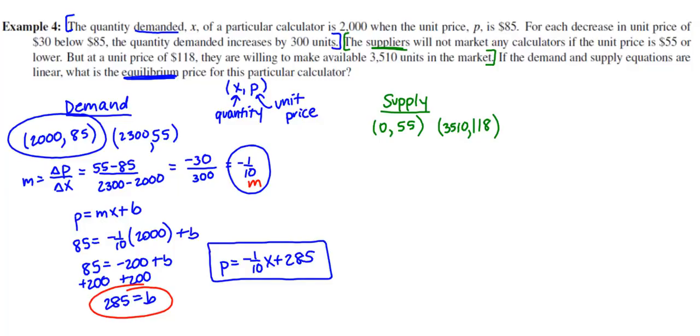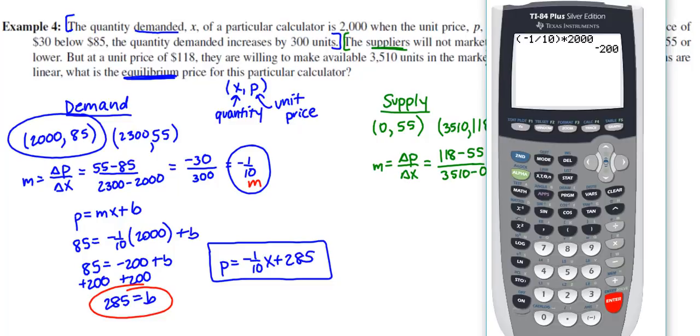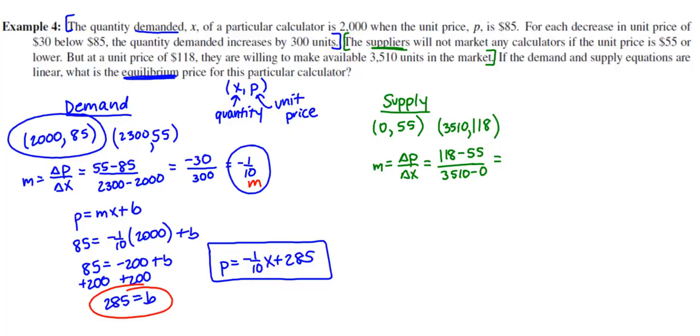If we come over here to the supply, we already found our 2 points on our supply curve, so we do the same thing. Our slope is the change in p over the change in x. So 118 minus 55 over 3510 minus 0. 118 minus 55 equals 63.